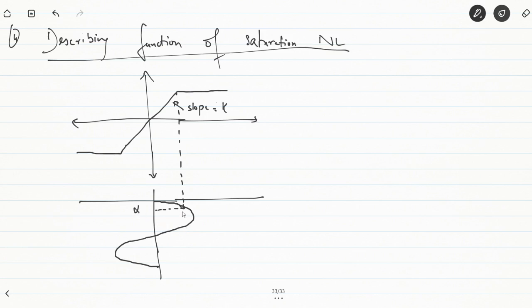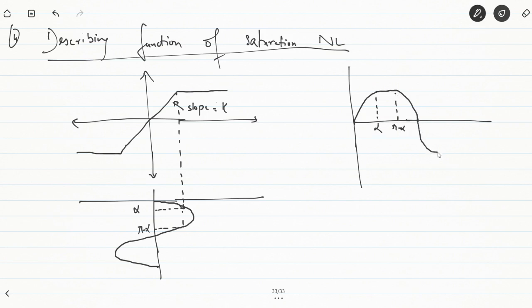Let this be equal to alpha, this be equal to pi minus alpha. So what we'll be getting at the output? As long as our output is varying from 0 to alpha, we'll have a sinusoidal response. Then our output will be flat for this period from alpha to pi minus alpha.